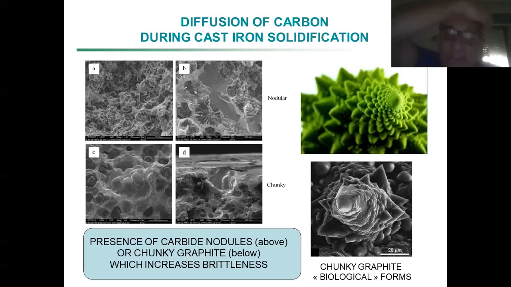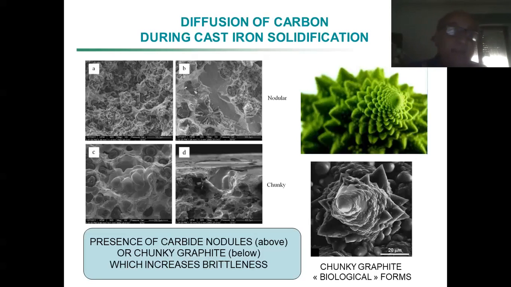Of course, if we are able to control the cooling down during melting, then we would prefer to have some nodular parts, which are less detrimental for mechanical properties and don't increase that much brittleness.